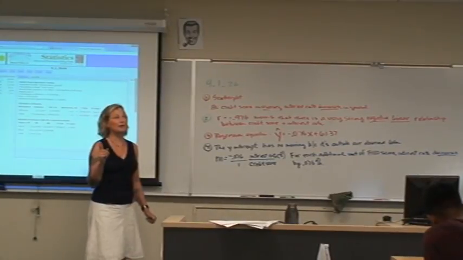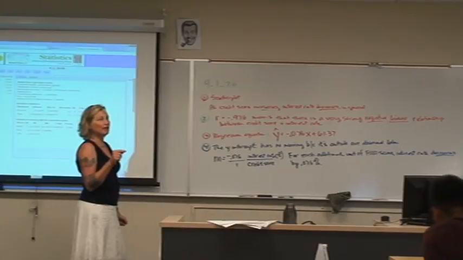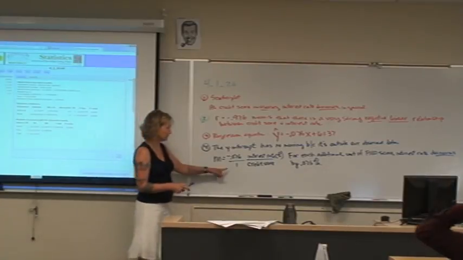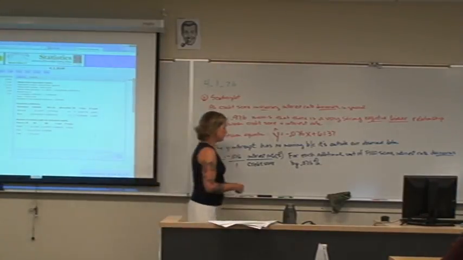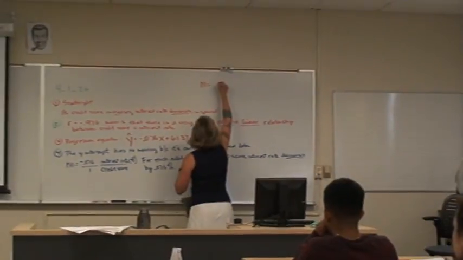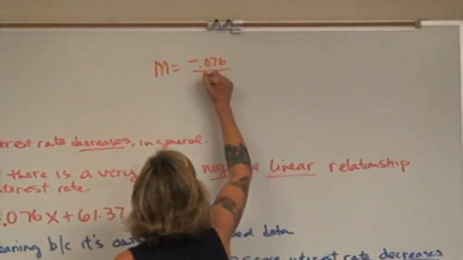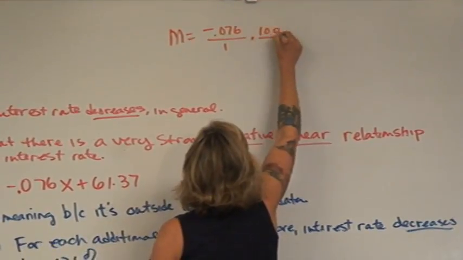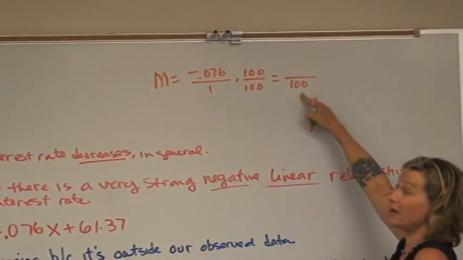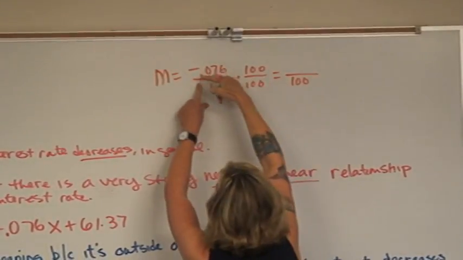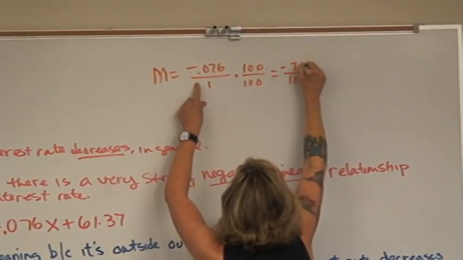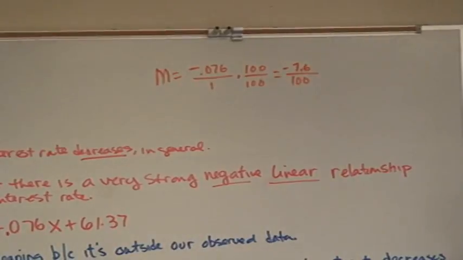Let's talk about this. In StatCrunch, they might ask you for a 10 or 100 point change in X. So let's say if your credit score increases by 100 points, does that make sense?